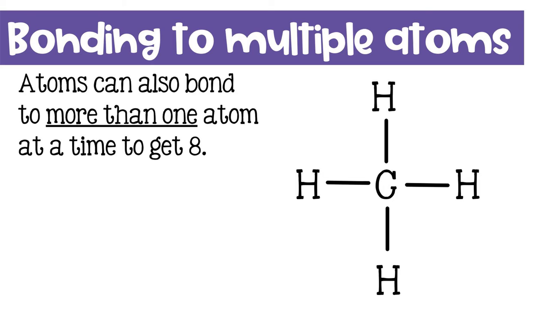So far, we've only been looking at the situation where 2 atoms are bonded together to form a molecule. However, atoms can bond to more than 1 atom at a time in order to make larger molecules. The important thing here is to always make sure the valence shell is full.